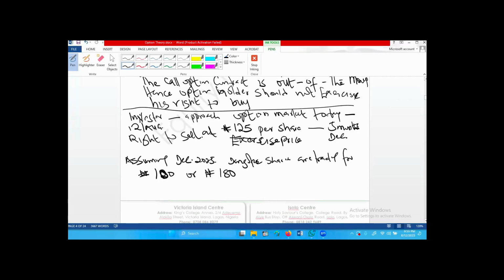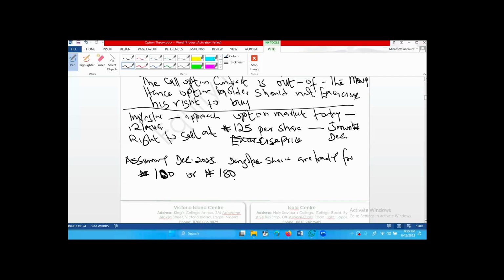You have obtained a right to sell your shares at 125 naira per share. This price, 125, is the exercise price. You are going to sell in December. On getting to December, Dangote shares are trading for 180 naira per share.